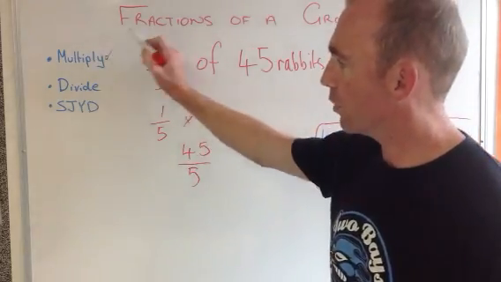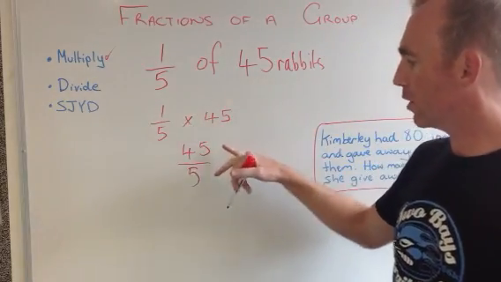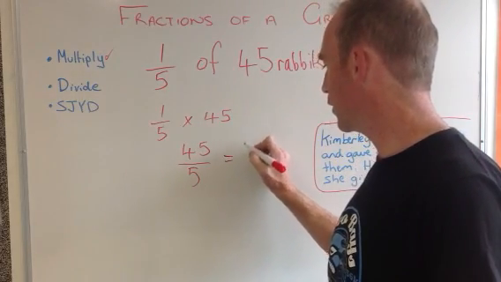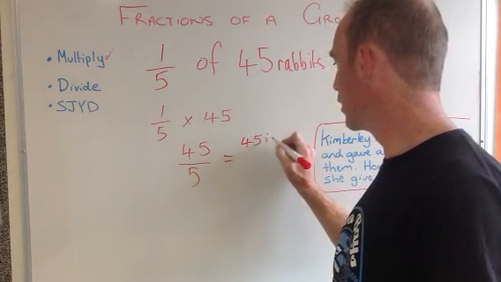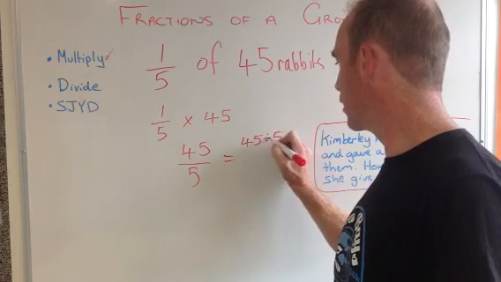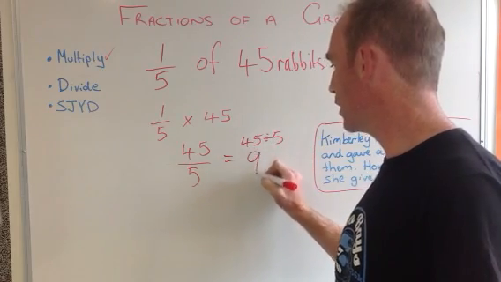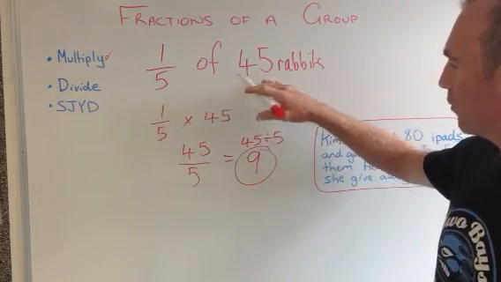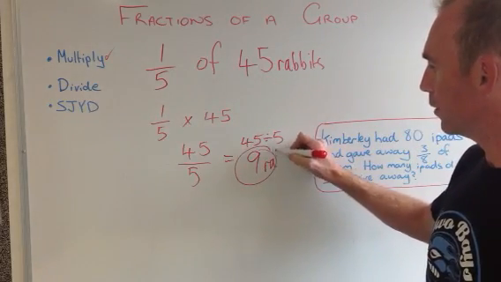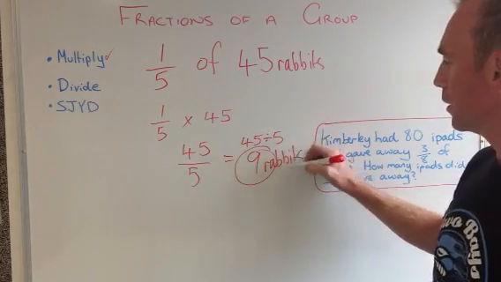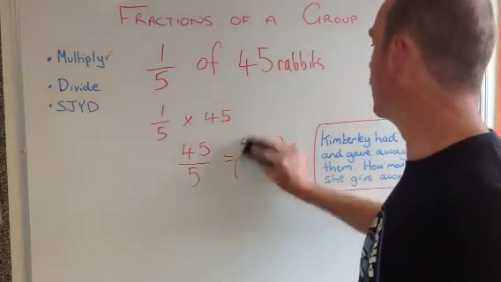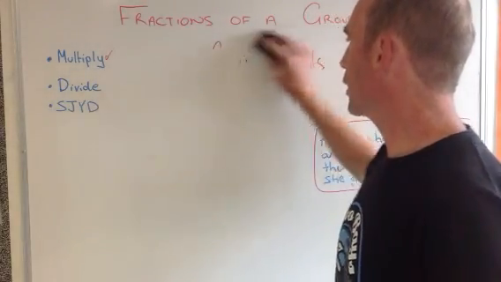Right? So I've multiplied. Now I divide 45 divided by 5. 45 divided by 5 is 9. And that's my answer. So 1/5 of 45 rabbits equals 9 rabbits. Sweet justice.